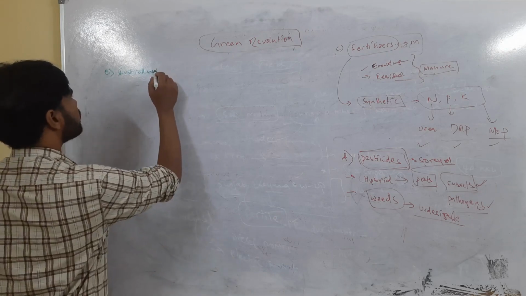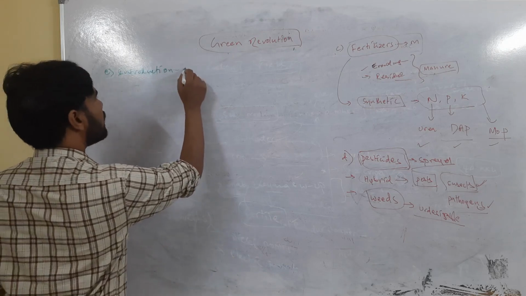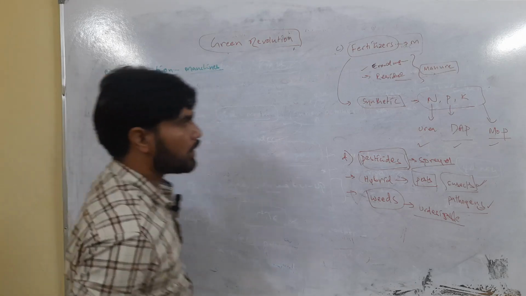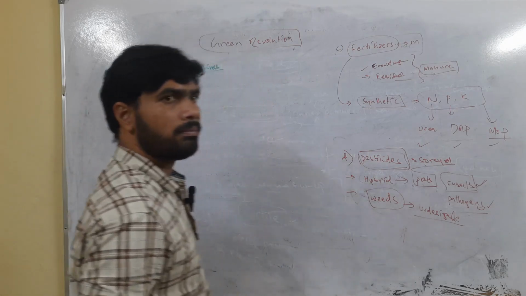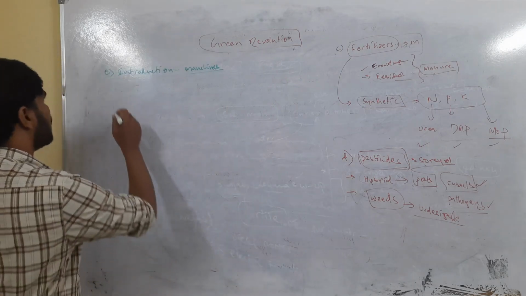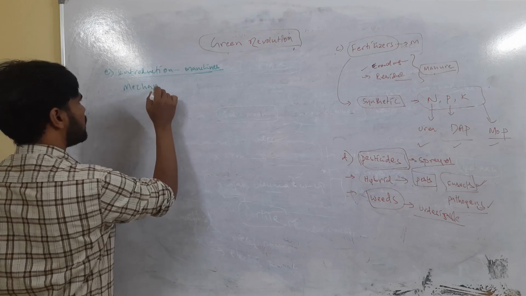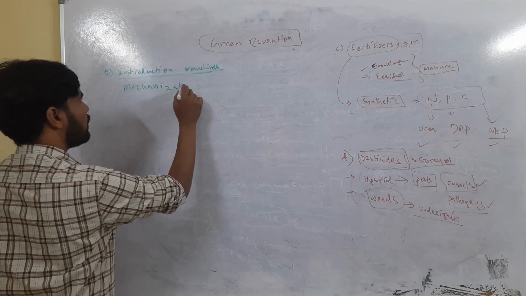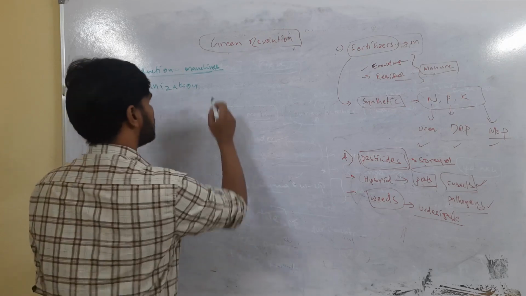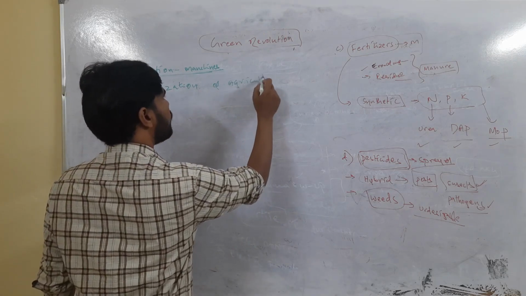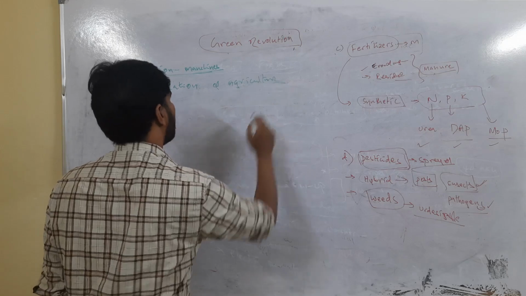Introduction of machines is also called mechanization of agriculture. So what is this mechanization of agriculture?